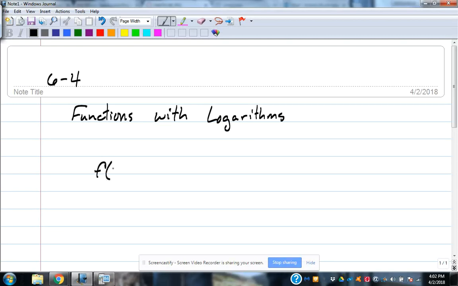So f of x is equal to log base a of x. It really doesn't matter. We're going to use a here just to get a generic idea of what's going on. A logarithmic function has a domain from 0 to infinity.